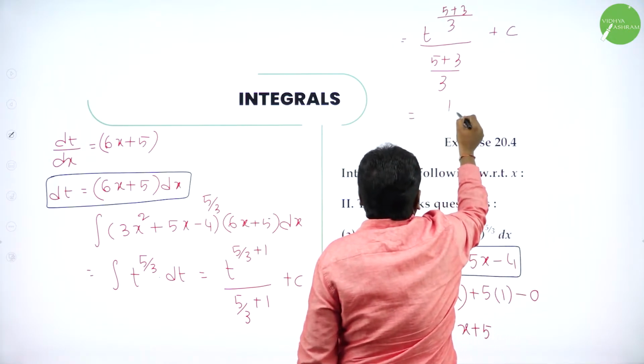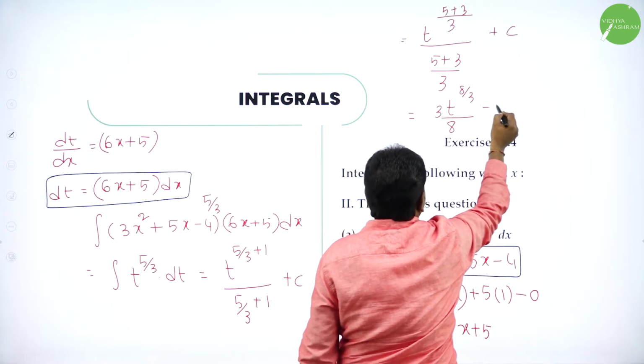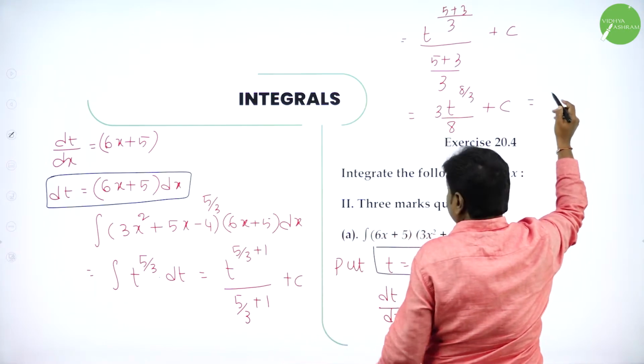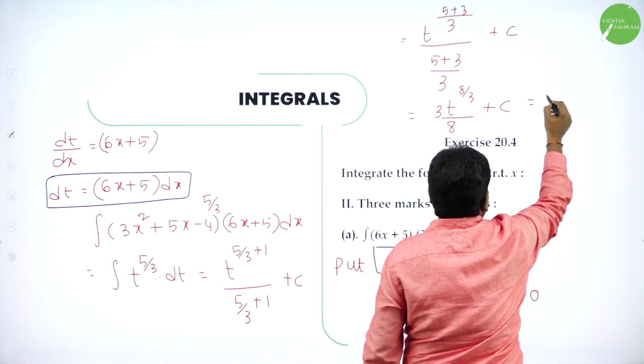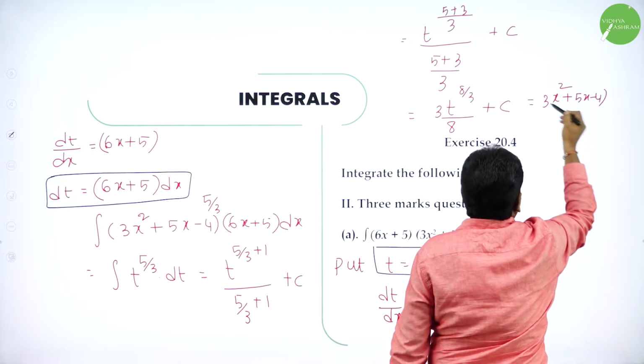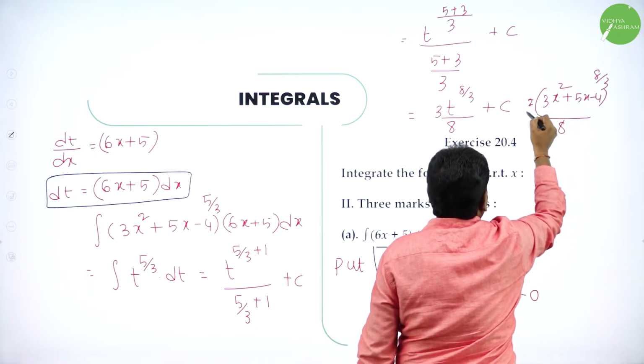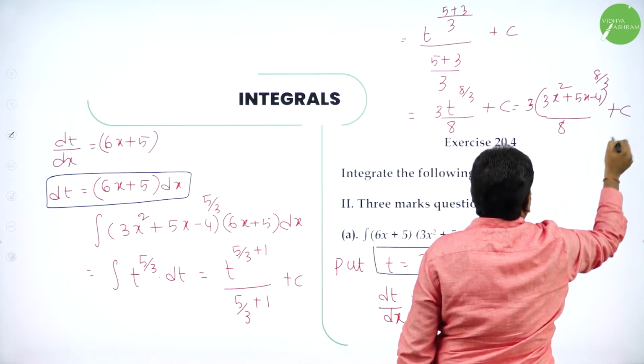Simplify this. So t power 8 by 3 divided by 8 by 3 goes on top, plus c. That is t. What is t? t is 3x square plus 5x minus 4 power 8 by 3 by 8 by 3 plus c. This is the final answer.